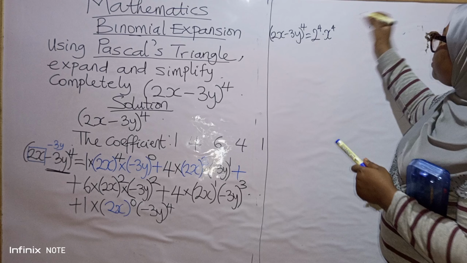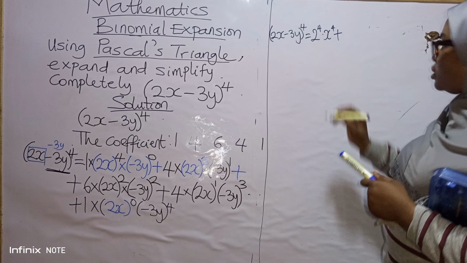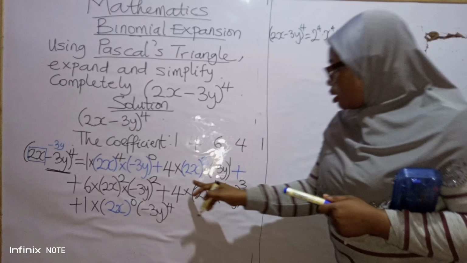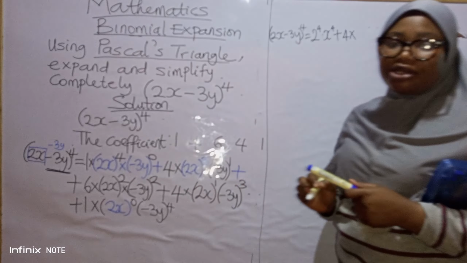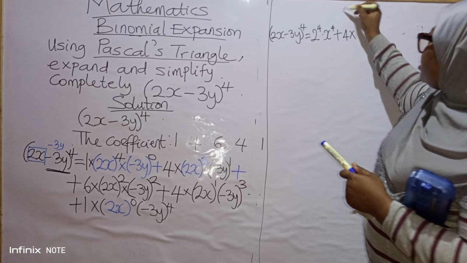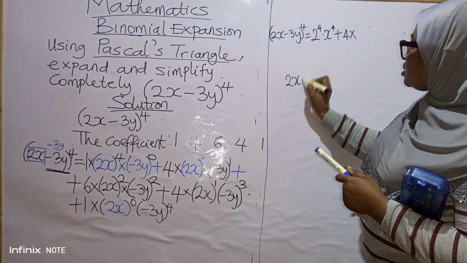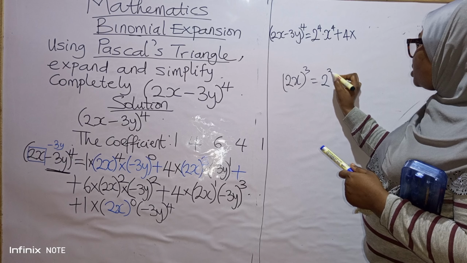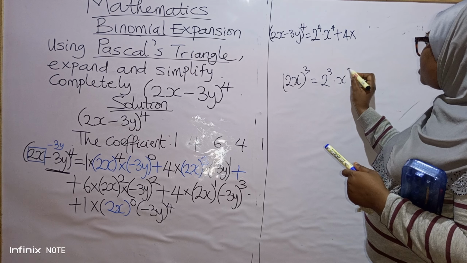So leave that one. Plus 4 multiplied by (2x)^3, which is the same thing as 2 raised to power 3, then x raised to power 3.